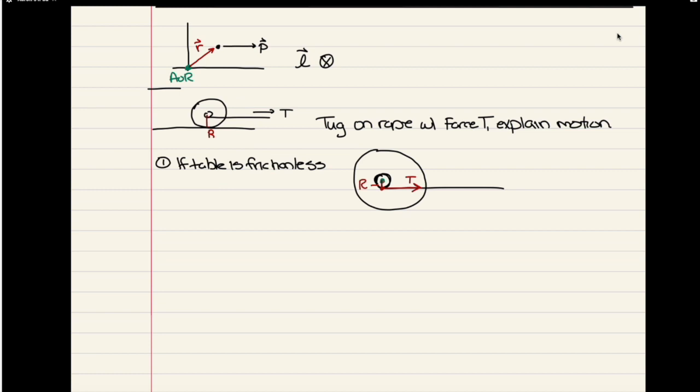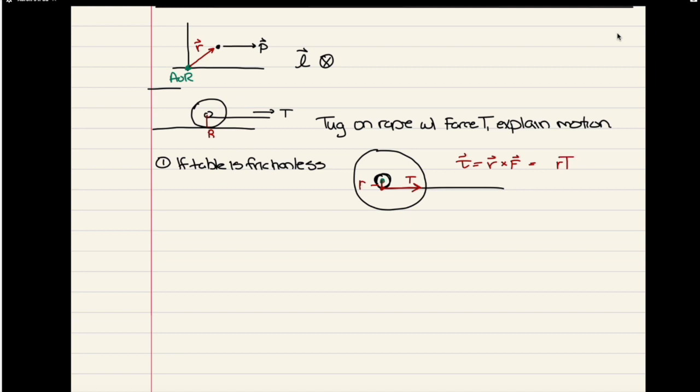There is some small moment arm as a result. In that case, I could define a torque on the yo-yo as R cross F, and it looks like the moment arm and the force are 90 degrees from one another, so this is just RF, or I guess RT in this case.